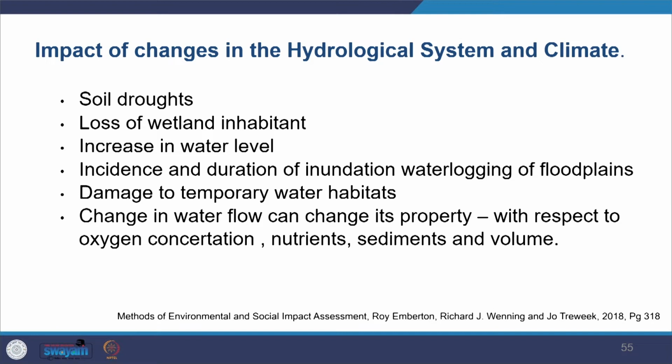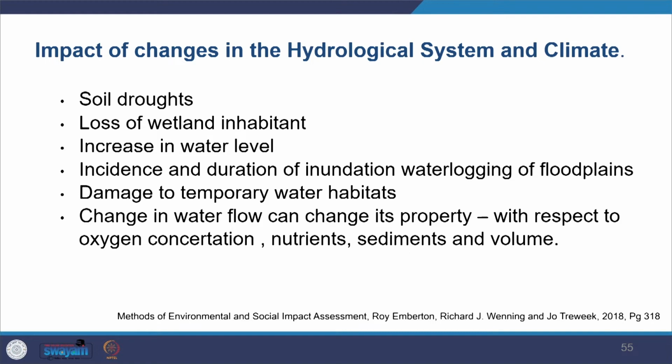So that also has impact, and if the water level increases, it increases the chances of inundation. So how frequently it will happen, how long it will happen, those things will also change. And then there will be increase in the water logging of the flood plains, and then it might adversely affect several of the diversity.